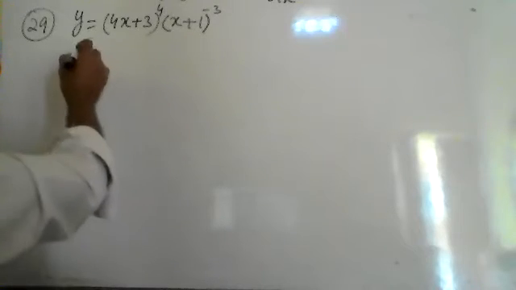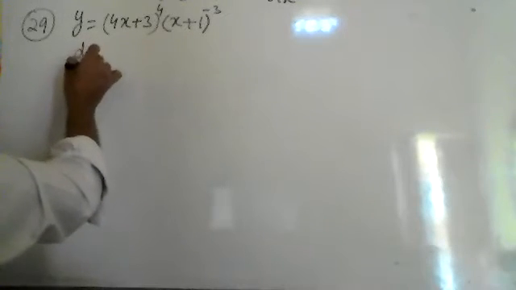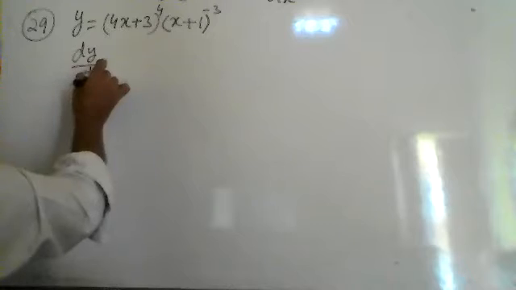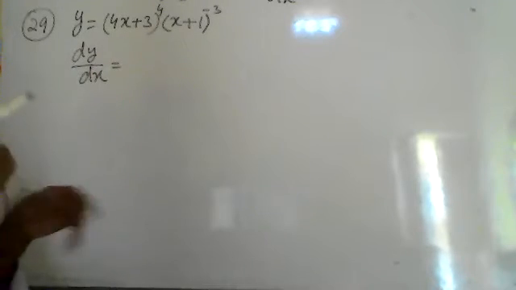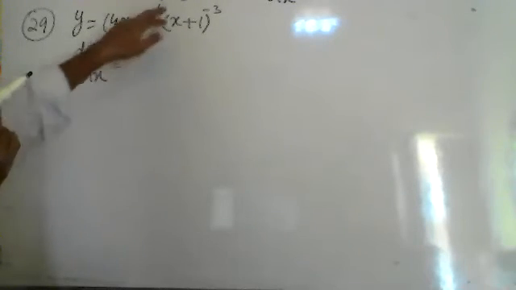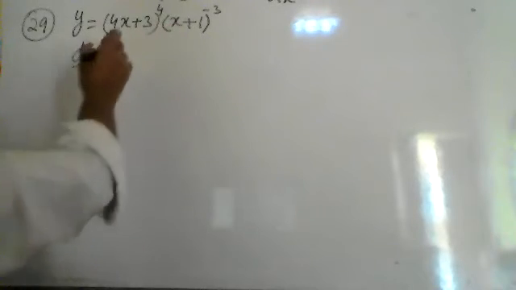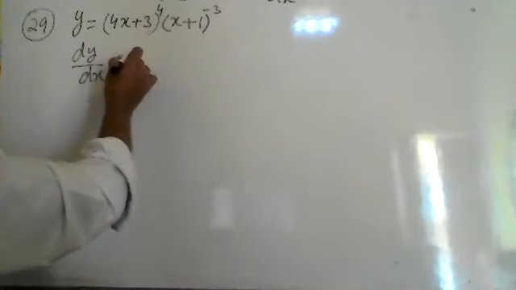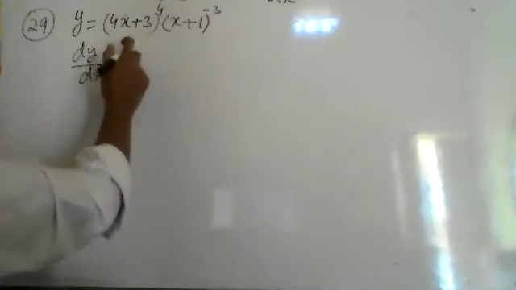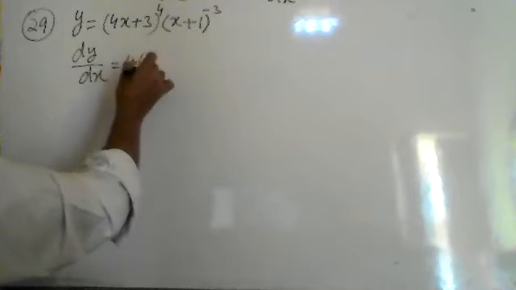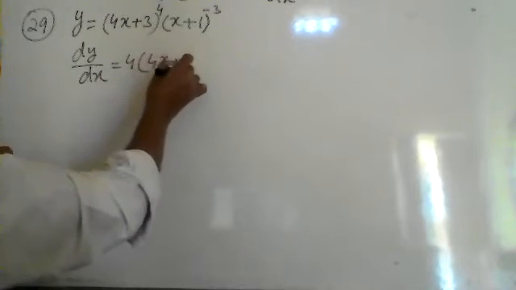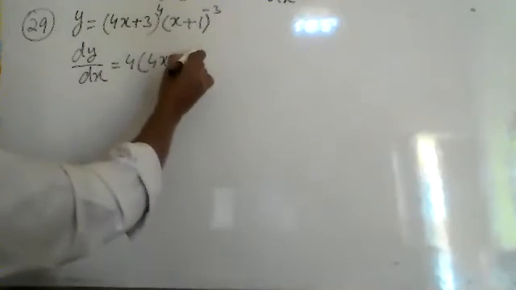So dy upon dx will be equal to the derivative of the first function, the derivative of this one, 4x plus 3 whole raised to power 4. So derivative of this one will be 4. This power 4 will come over there into 4x plus 3 whole raised to power 4 minus 1 will be 3.